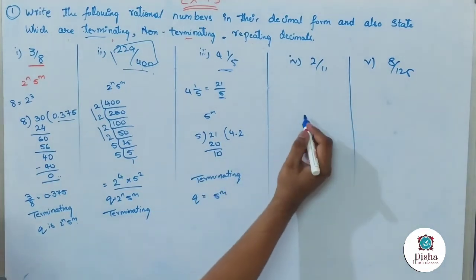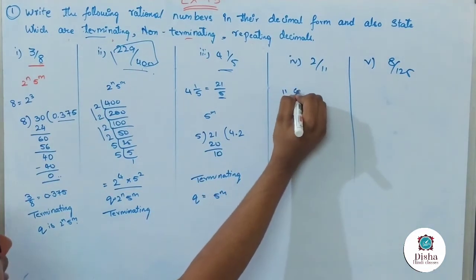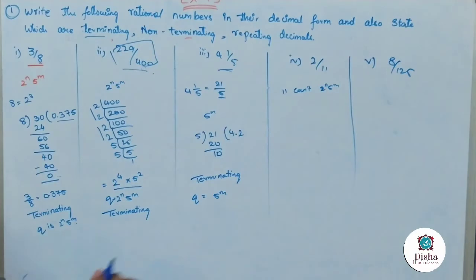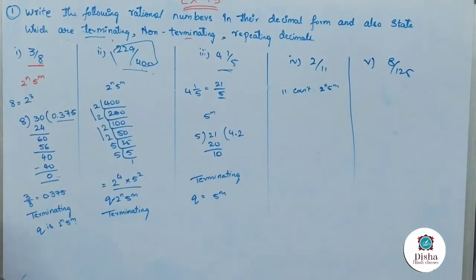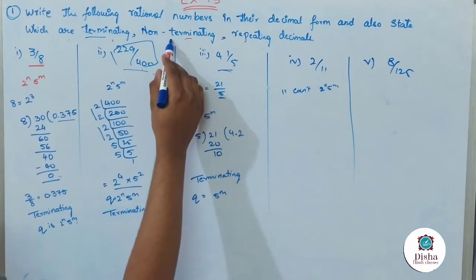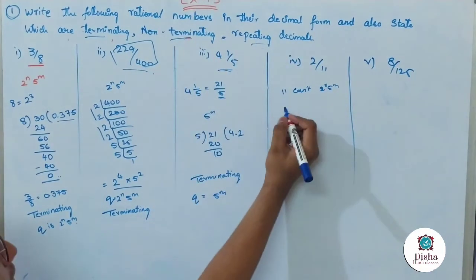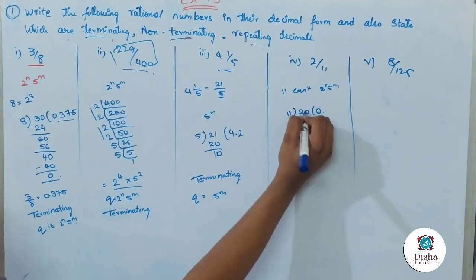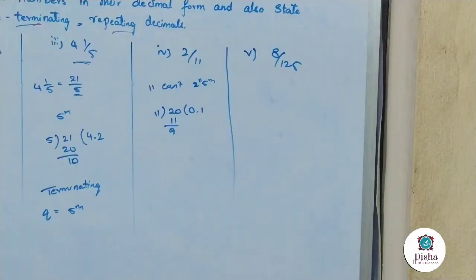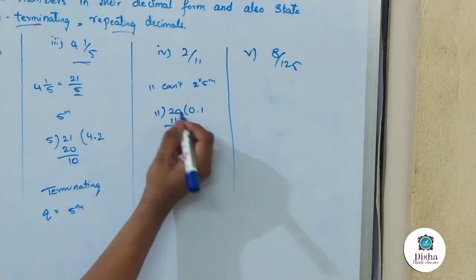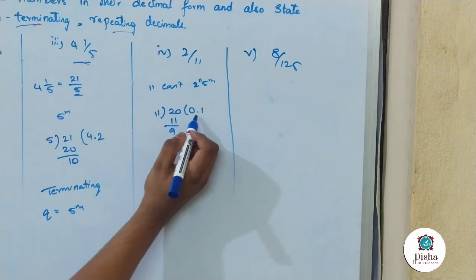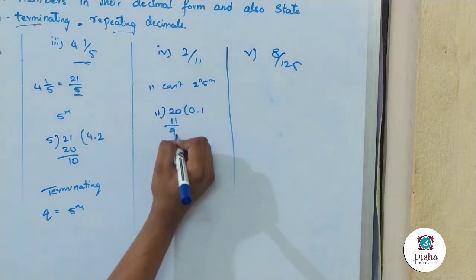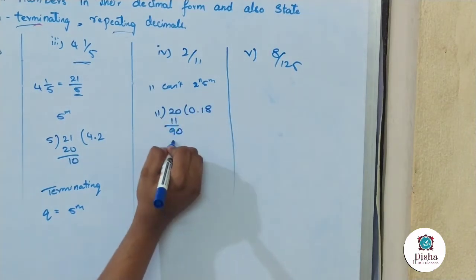Now 2 by 11. 11 can't be written in the form of 2 power n into 5 power m, so it can't be a terminating number. Now let us check if it is a non-terminating repeating decimal. We divide 2 by 11. We take 0, we get 20 here, 0.1. Then we take a point here, 11 into 1 is 11, so we get 9 as the remainder. Again we take 0, 11 into 8 is 88.